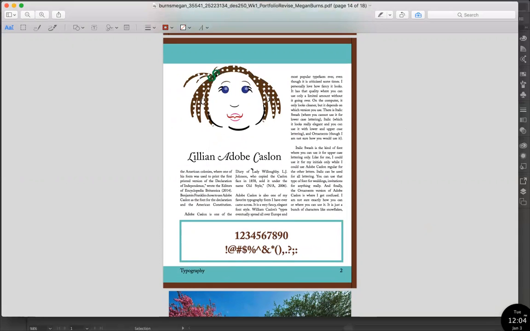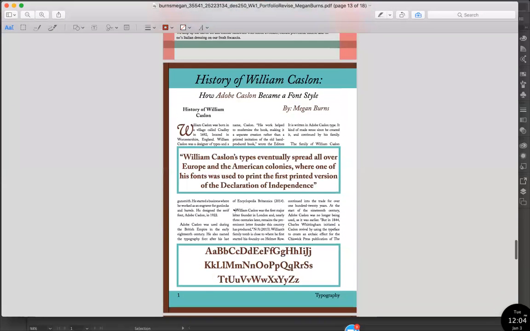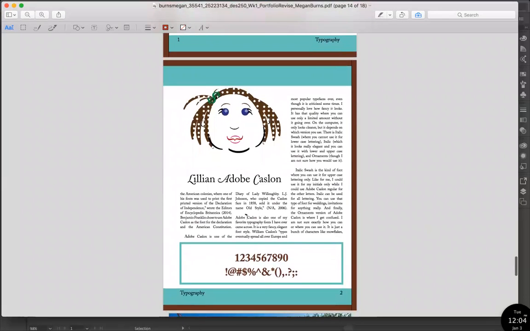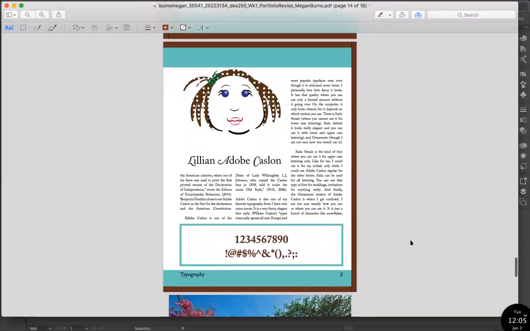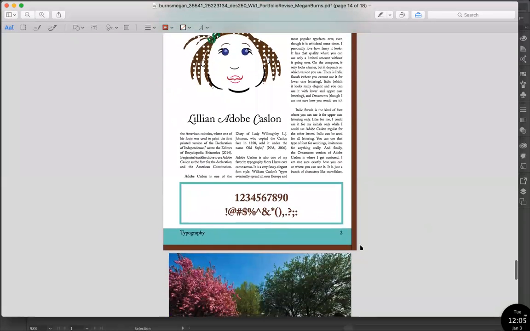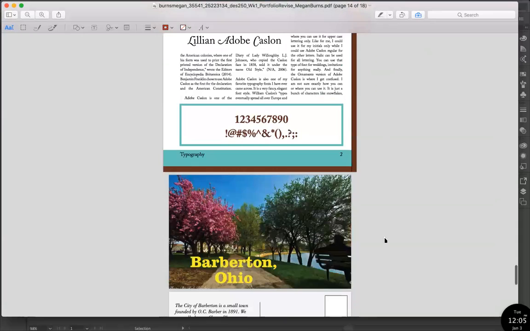Now, make sure you're using a first line indent consistently, but you don't have one here. So go ahead and make sure you've got a first line indent on that one as well. And then again, get rid of the stroke on this brown border.